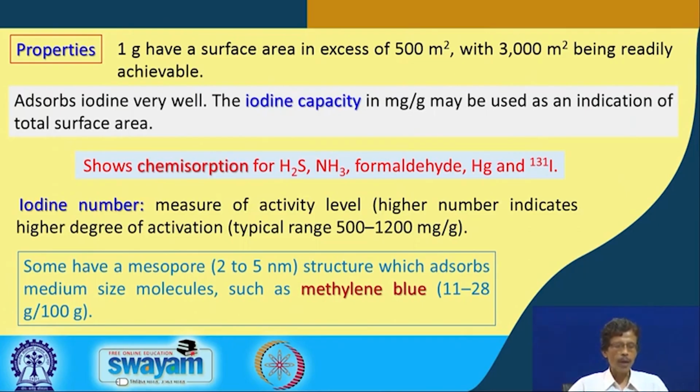The pore size is also important, which is from 2 to 5 nanometer. If the activated carbon has a mesoporous structure throughout the entire material, with pores of 2 to 5 nanometer, it can be used for adsorption of molecules of not very big size.